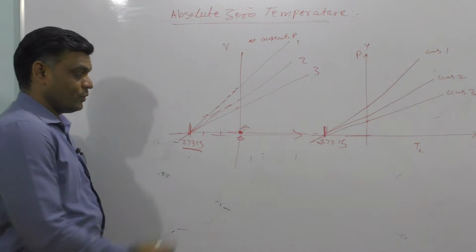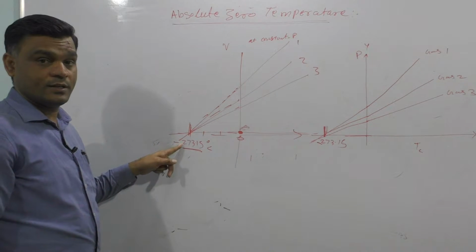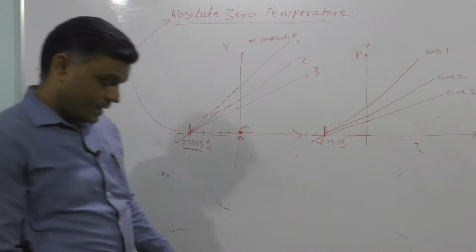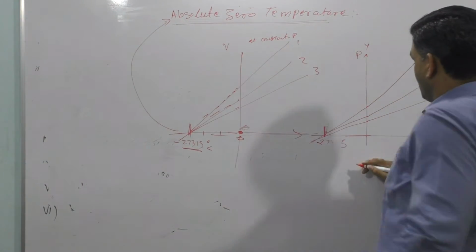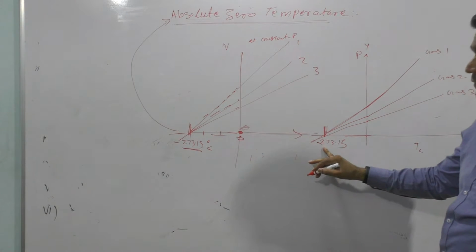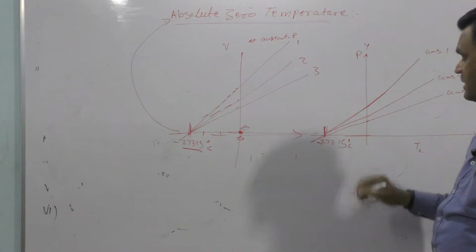minus 273.15 degrees Celsius, and this point is referred to as the absolute zero temperature. In this case also, if we extend in the back side, we obtain the same value, minus 273.15 degrees Celsius.